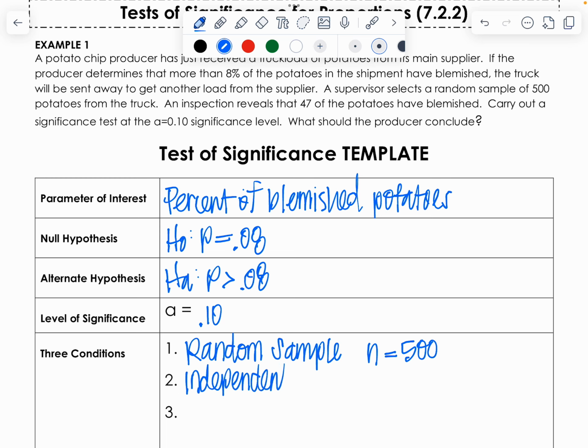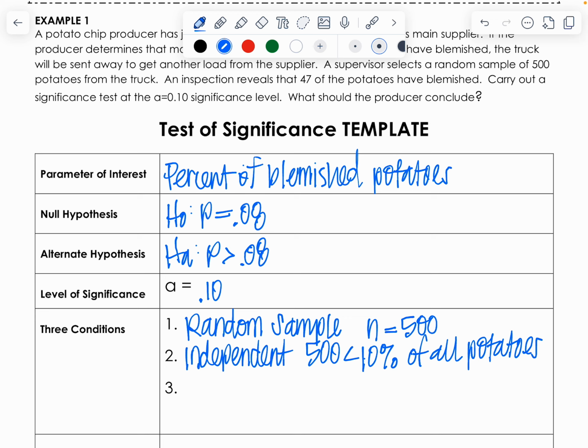For independent, we'll say 500 is probably less than 10% of all potatoes in the shipment, in a whole truckload. And then for normal, first we're going to find p hat, right?